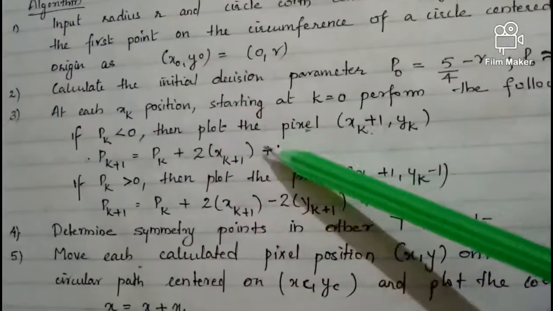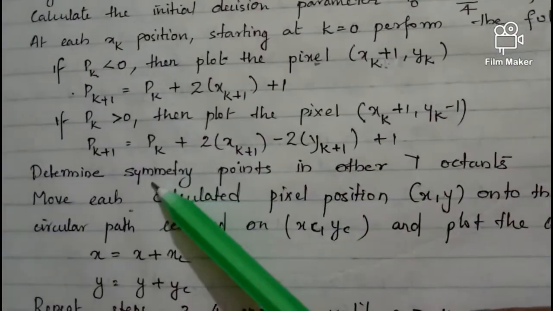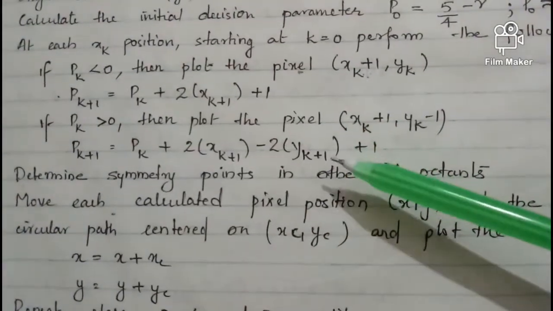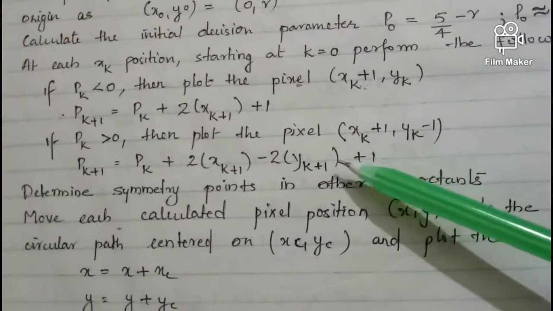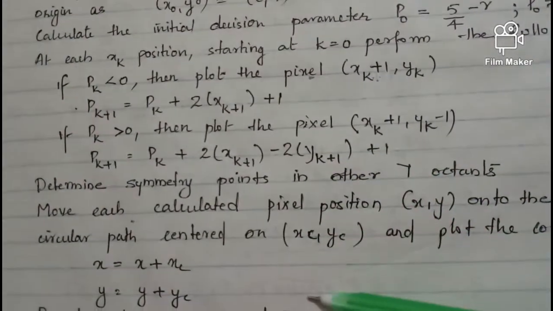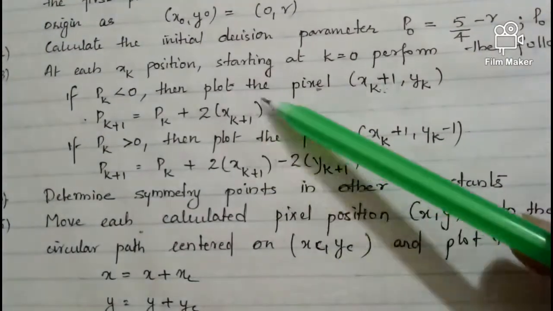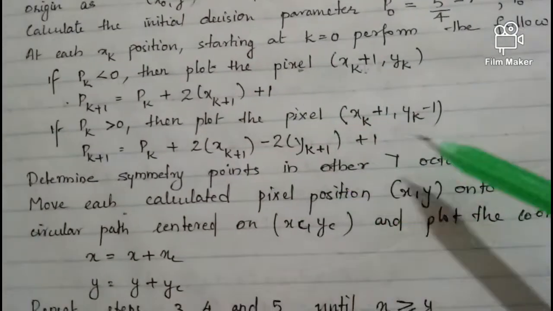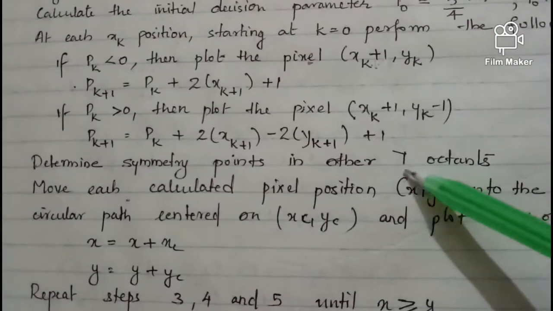Each time you compute the values of x and y, you have to determine the symmetry points in the other 7 octants, which I have already told you. That means once an (x, y) value is computed, using automatic computation you can also obtain the remaining (x, y) positions in the other 7 octants. So each time an (x, y) value is computed using this equation, you have to also find all the remaining positions in the other 7 octants.